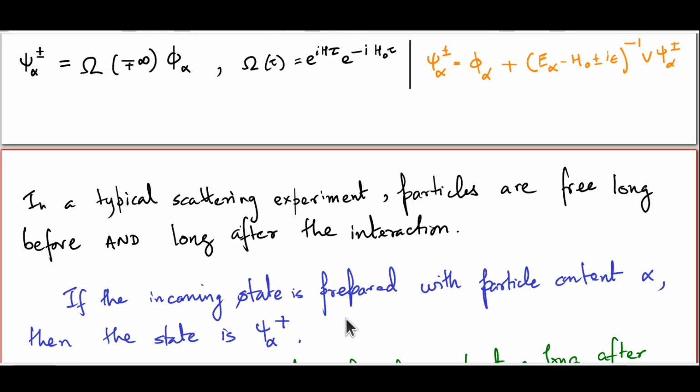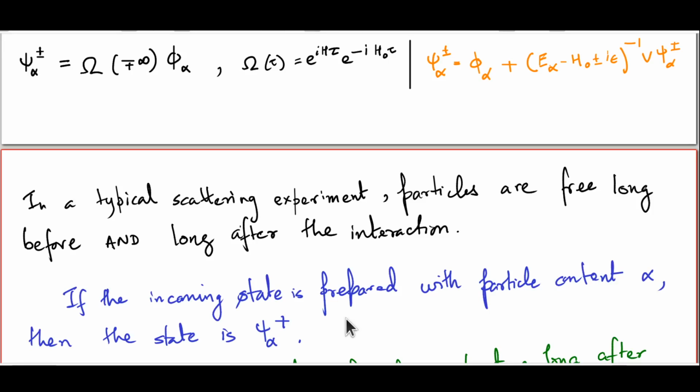When the incoming state is prepared, you prepare that with a particular particle content alpha. Remember, when I say particle content, I don't mean just the identities of the particles which are coming in, but also their momenta, the spin component labels, and so on. So you have created a system where two or more particles with definite momentum, definite spin are coming in, interacting with each other.